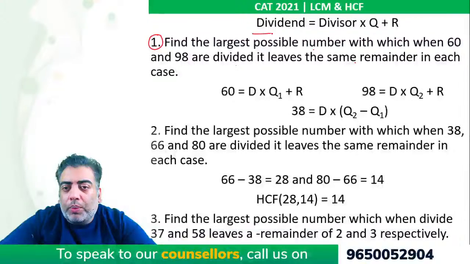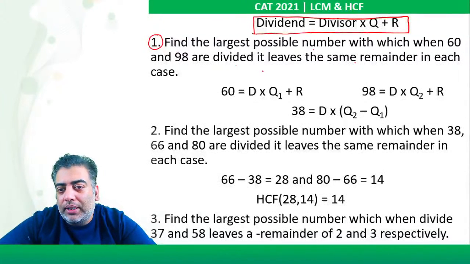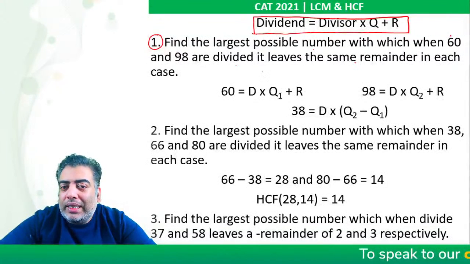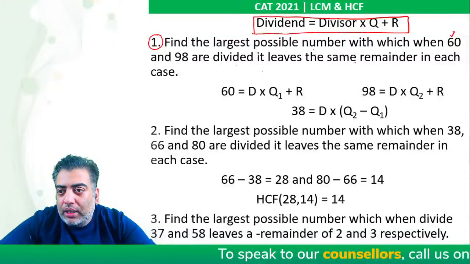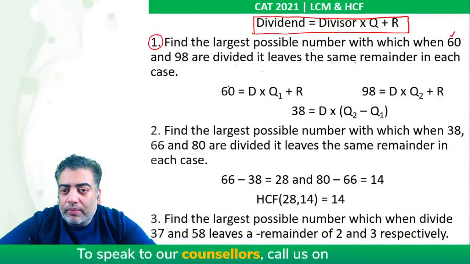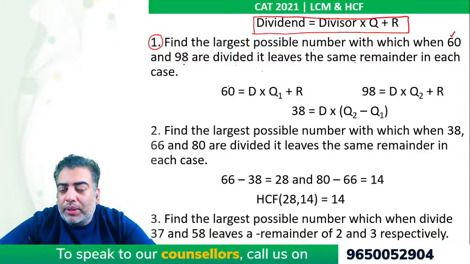Now the basic property that we are going to use here is dividend equals divisor into quotient plus remainder. So 60 is a number which is getting divided, so it is called dividend. 98 is a number which is getting divided, so it is called dividend.